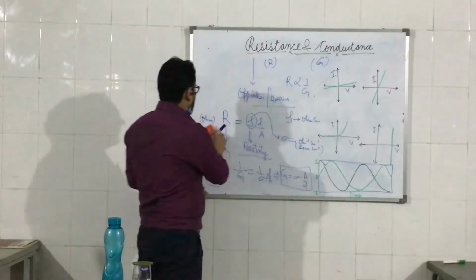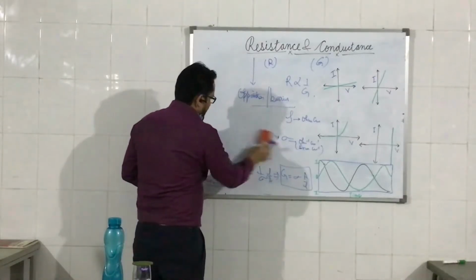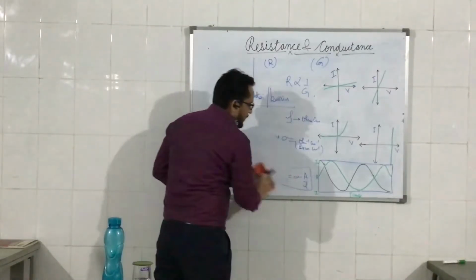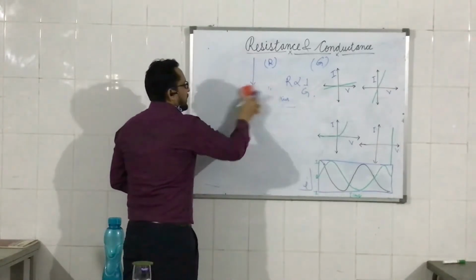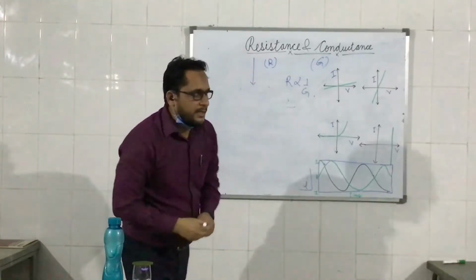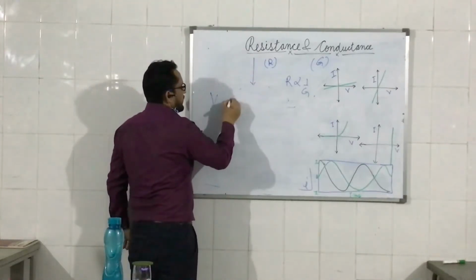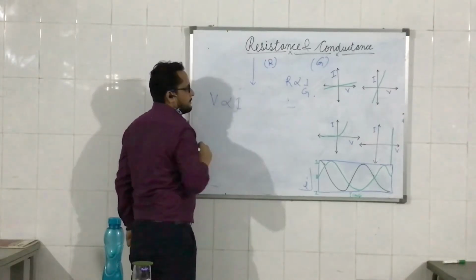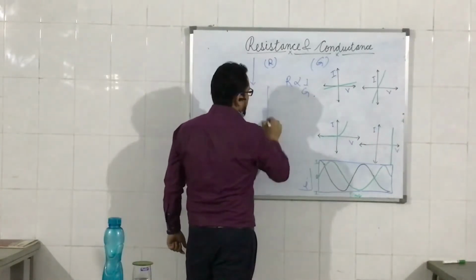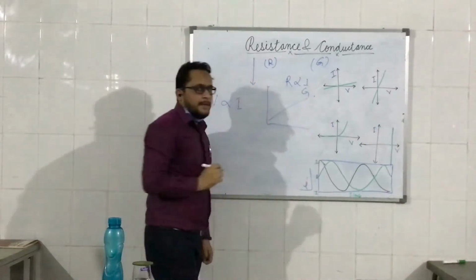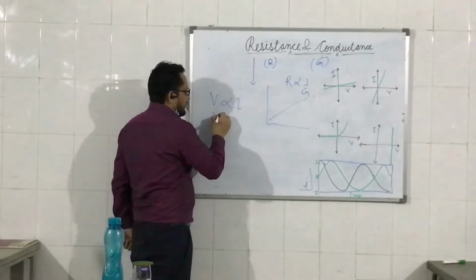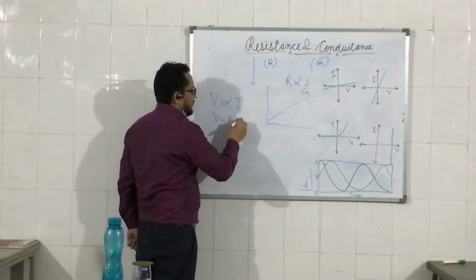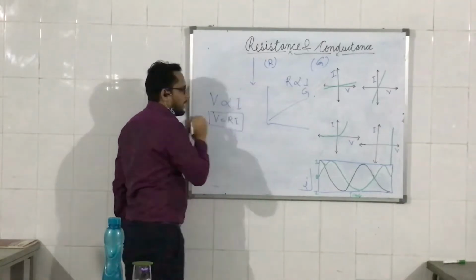So, for a circuit which is following Ohm's law, that is where voltage is proportional to current, if we draw a graph, we will get a straight line. For this circuit, the slope is equal to R, which is the resistance of the circuit.